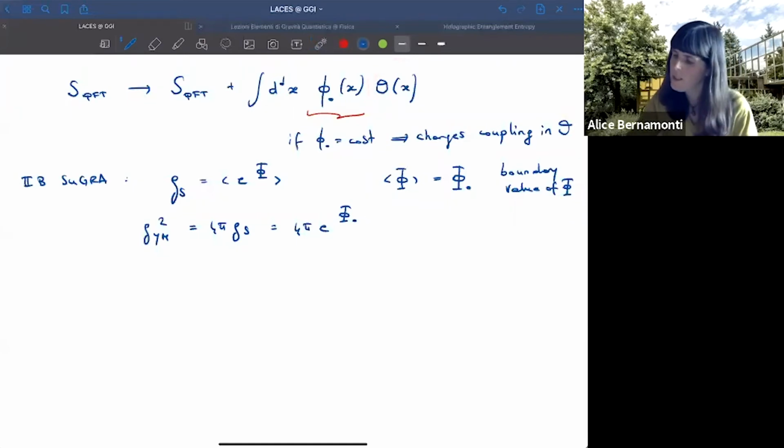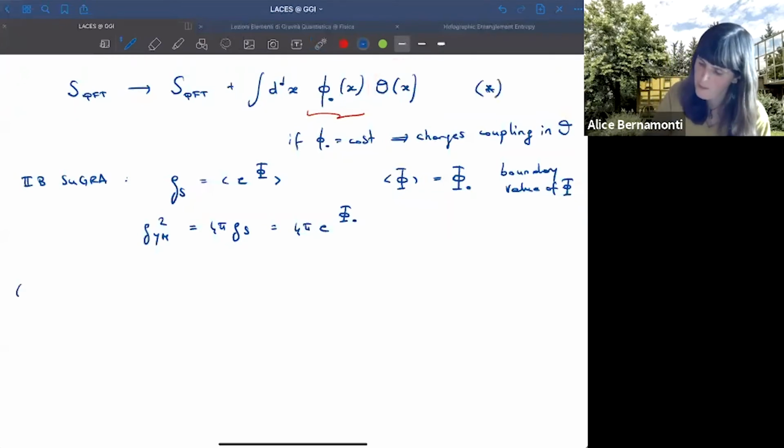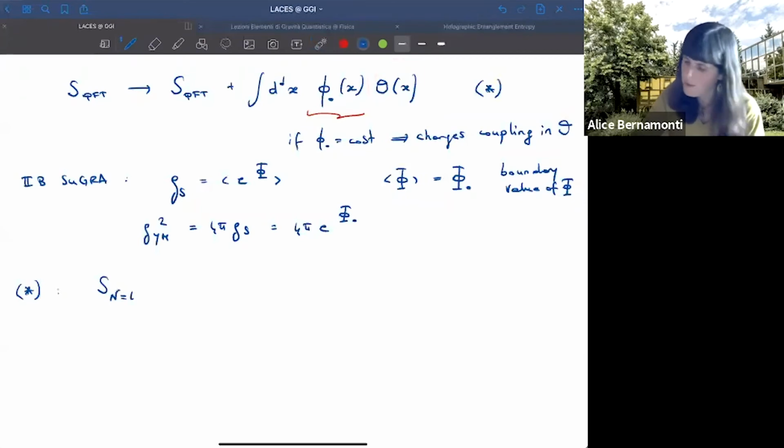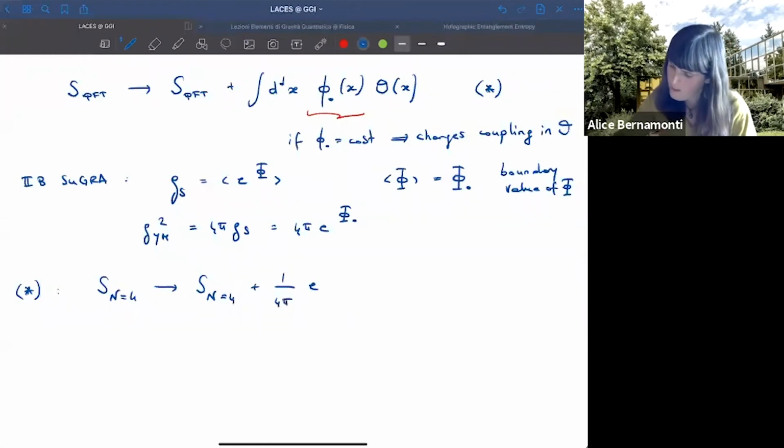Taking a deformation of this type on the boundary then means doing the following operation. Let's take the action for N=4, and then we deform it by changing the dilaton boundary value.